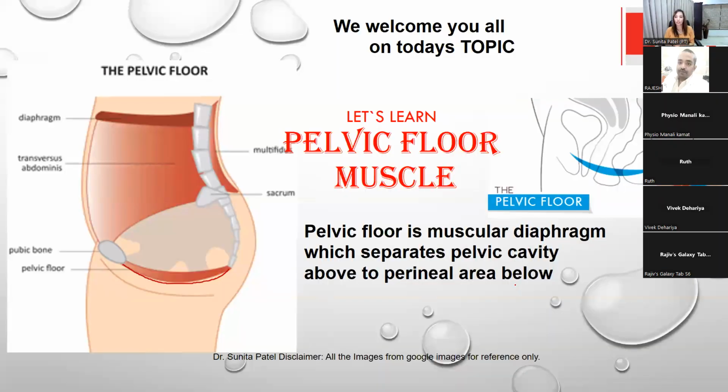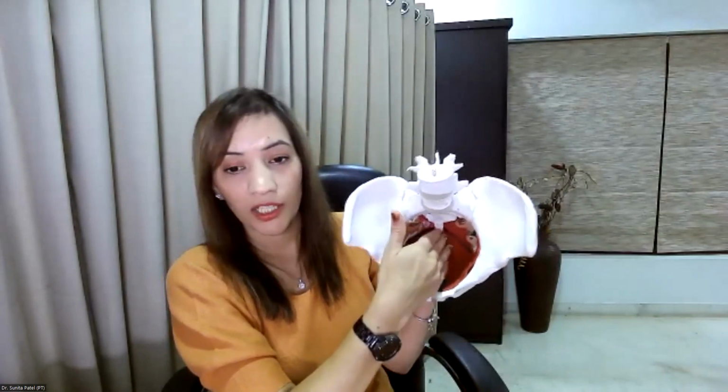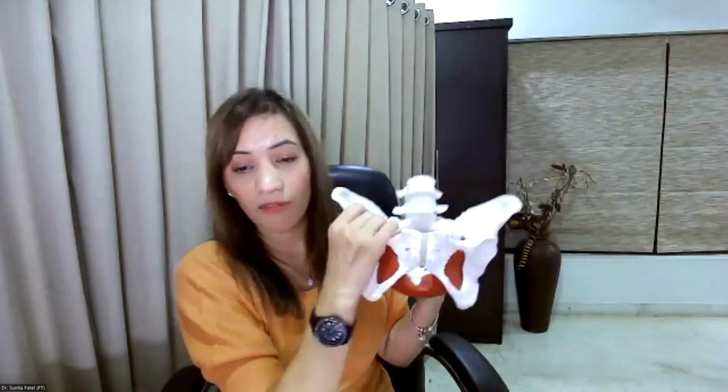The pelvic floor is the muscular diaphragm which separates the pelvic cavity above from the perineal area below. Now, very important: this is the inner aspect where organs are lying and organs come in direct connection with the pelvic floor in the deeper layer. Same way, this muscle is separating the pelvic cavity from the external surface.